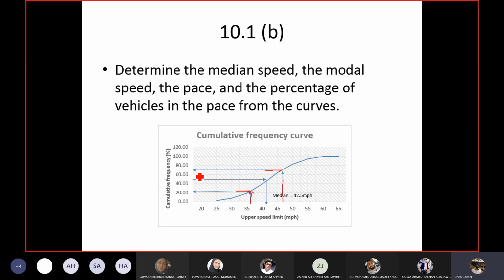Okay. Now what should I do with these two values? I want to find out the percentage of drivers driving between 37.5 and 47.5. So cumulative value till 37.5 is 21 and till 47.5 is 75, let's say. What should I do with these two values to find out the percentage of drivers in this range?